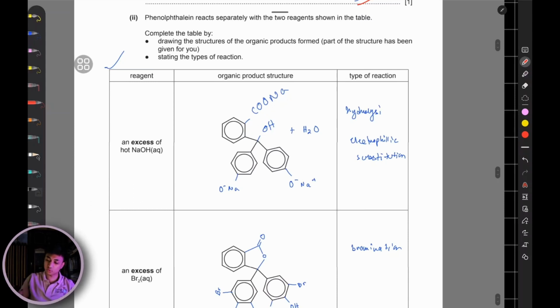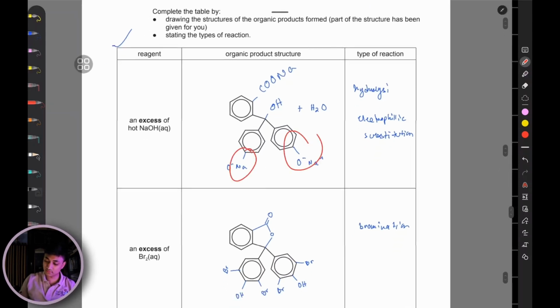The ester bond is broken, and COOH, the H replaced by Na, and this OH stays as it is since it is a part of your ethanol-like structure. I mean, not ethanol, but since it is linked to other carbon atoms and not to a benzene structure, it is not going to be reactive enough to get displaced by Na, right? So it is only going to react in the presence of reactive metals.